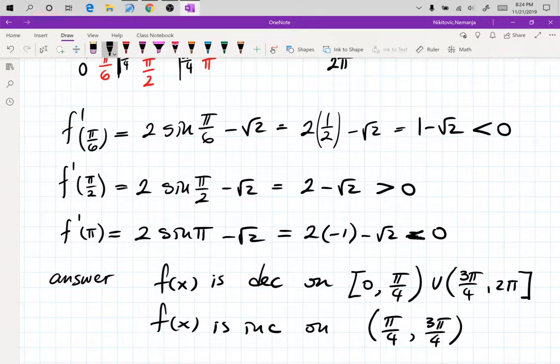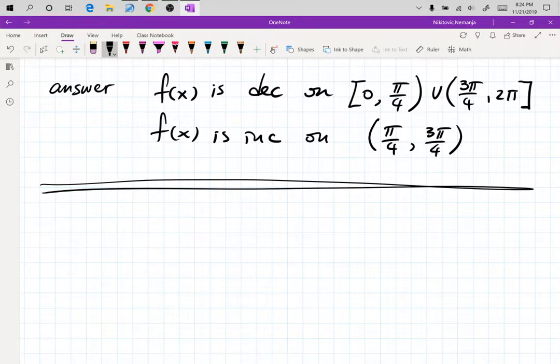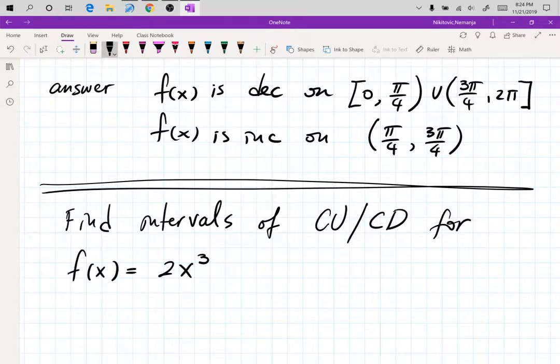Second derivative test now on a 4th degree polynomial. Find intervals of concave up, concave down for f of x equals 2x to the fourth minus 4x cubed plus 4.